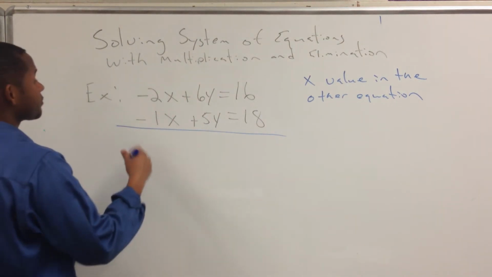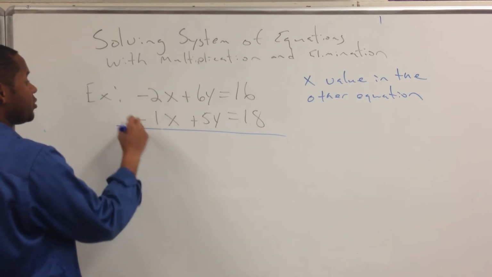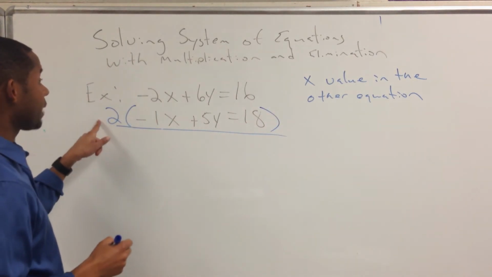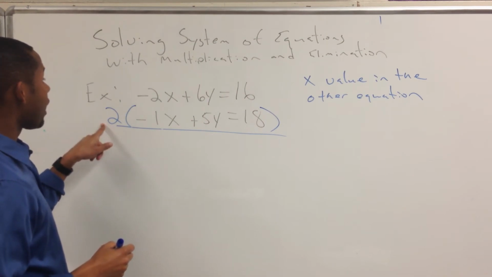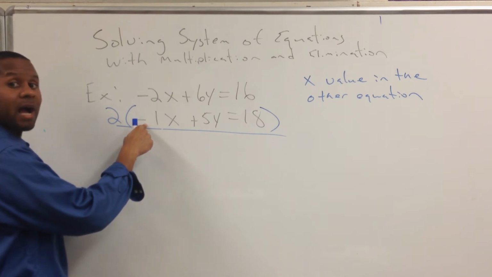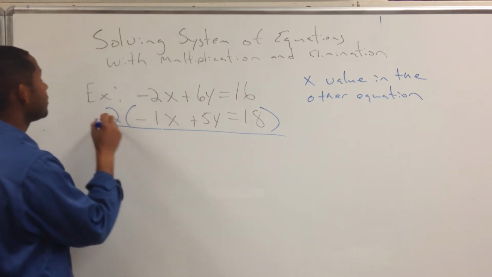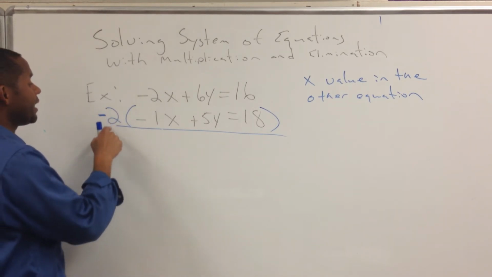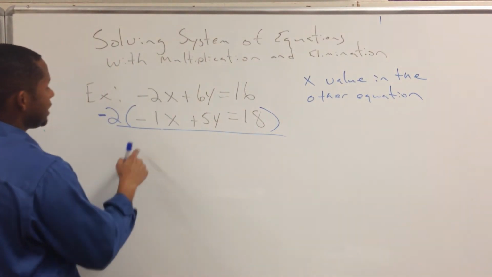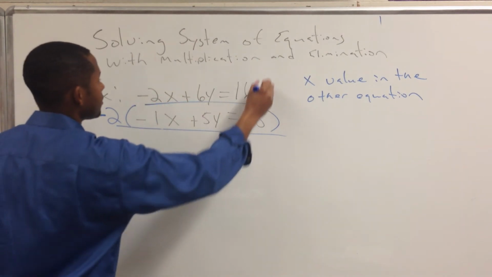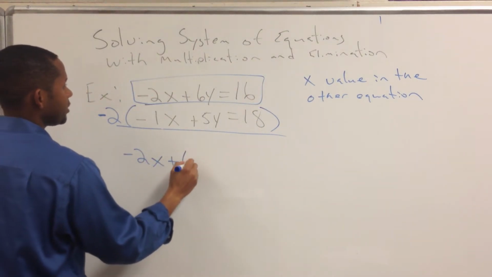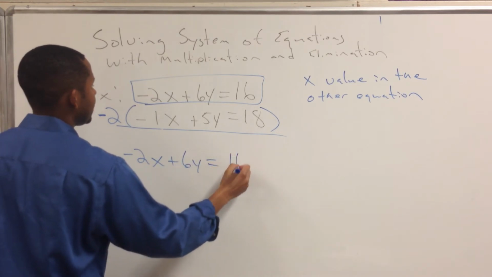So here, I know that I could turn a 1 into a 2 by multiplying, and I can multiply this whole thing by a 2, right? But I also want to make sure that if this is a negative 2, that this becomes a positive 2, so that they cancel out. So I'm going to multiply the whole thing by negative 2, because here is what I'm going to get. I'm going to keep my first equation, so the first equation stays the same, negative 2x plus 6y equals 16.